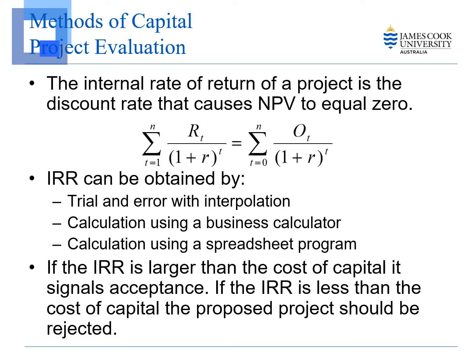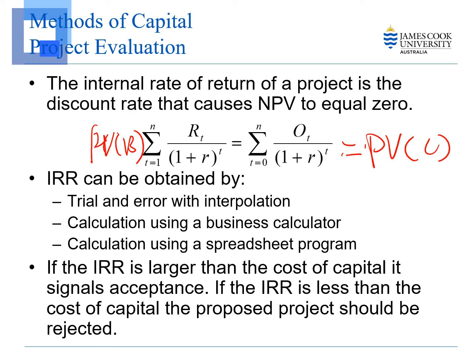That's the NPV measure. We can also use what is called the internal rate of return. The IRR, internal rate of return, is the discount rate that makes the present value of benefits equal to the present value of costs.